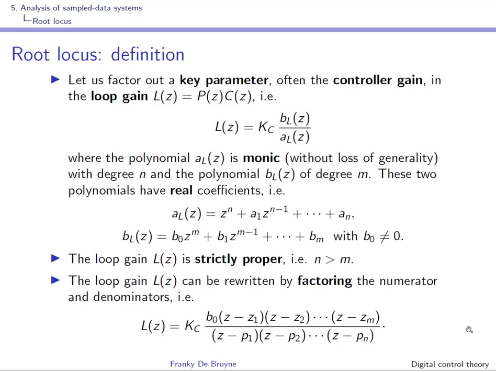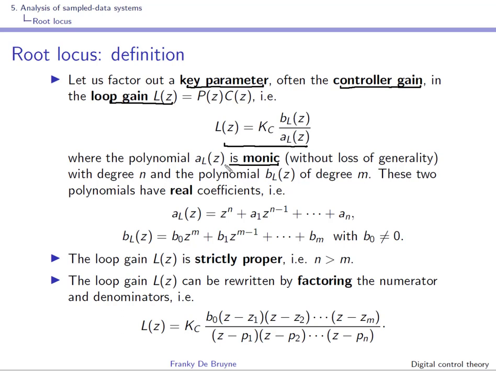So we'll go over the definition of the root locus. We take the loop gain and we factor out the key parameter that we want to vary when we look at the root locus, and in general it will be the controller gain. So we write the loop gain as Kc times a transfer function, and this transfer function is constructed from 2 polynomials BL and AL.